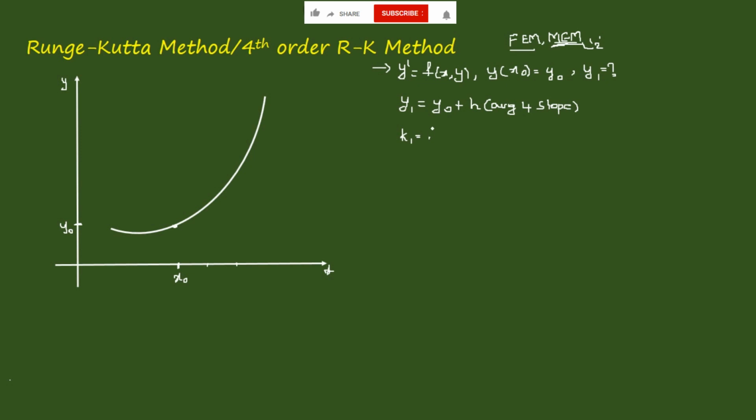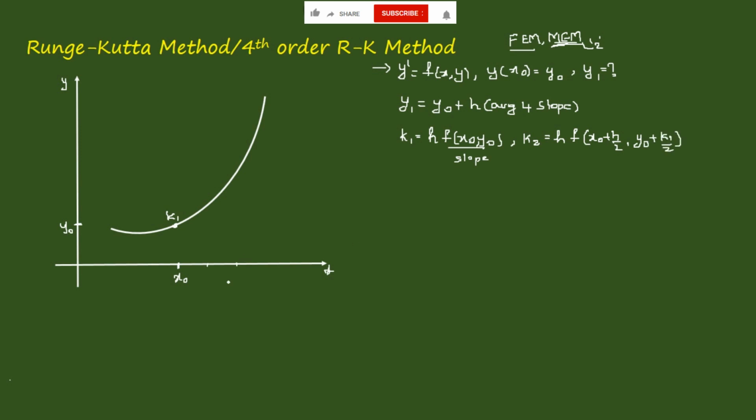which is equal to h into f of x naught comma y naught. This is nothing but a slope, yes or no? And if you consider this point as k1, now we'll be considering one more slope as k2, which is equal to h into f of x naught plus h by 2 comma y naught plus k1 by 2.